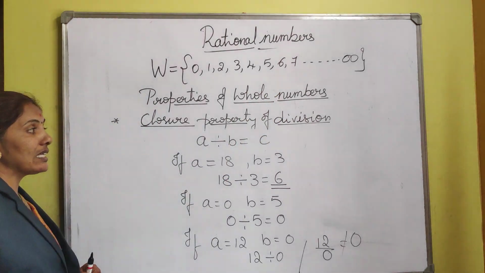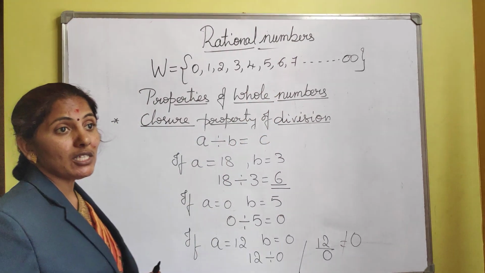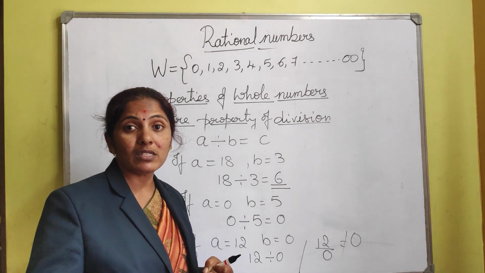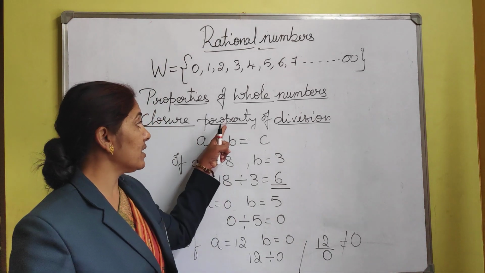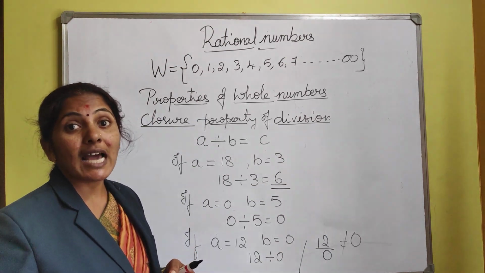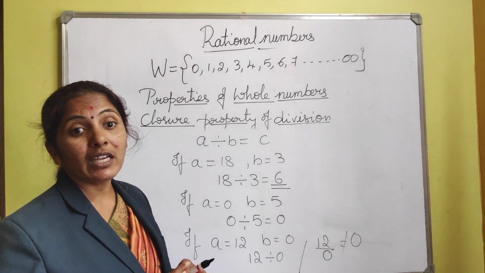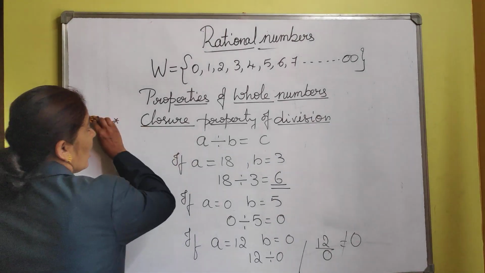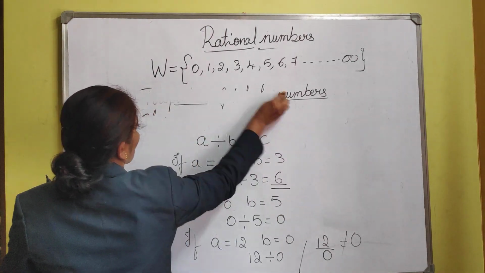In the same way, let us check whether these properties we learned for the natural numbers and the whole numbers, the closure property of addition, subtraction, multiplication and division, are satisfied for the integers.